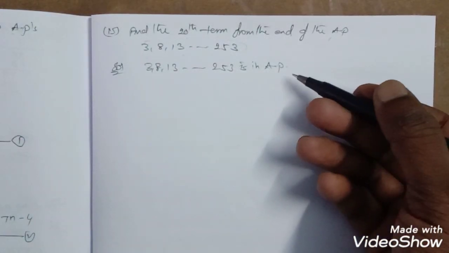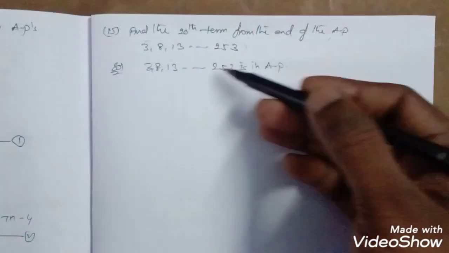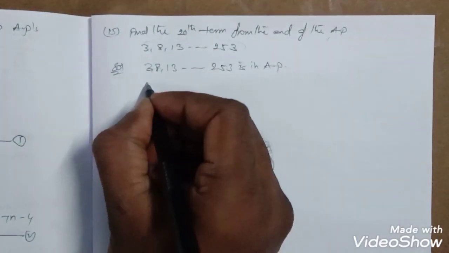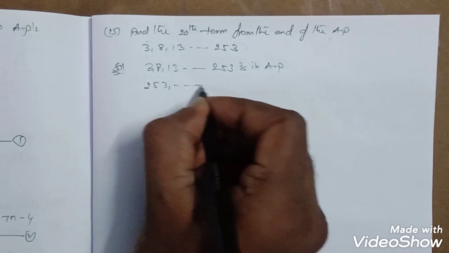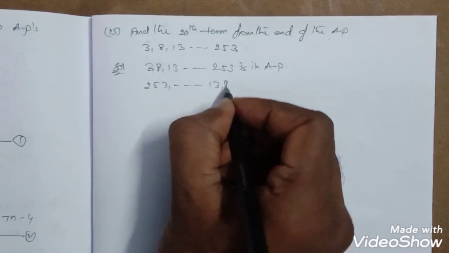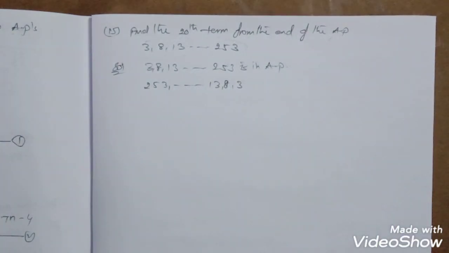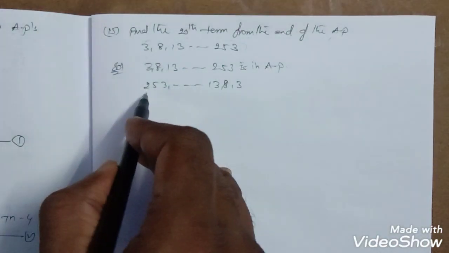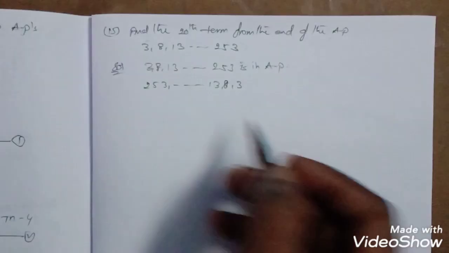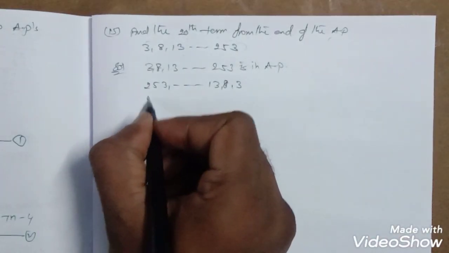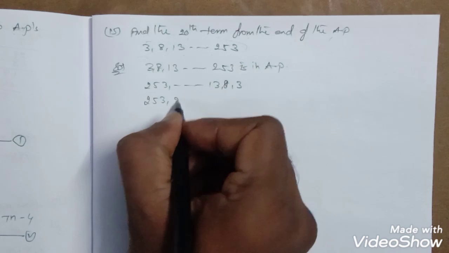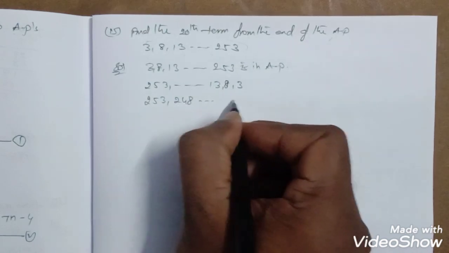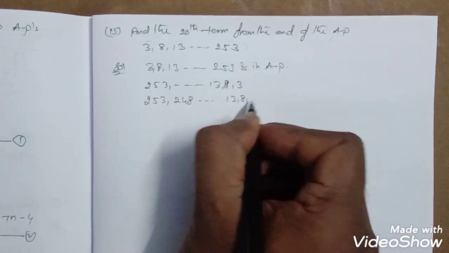So what we are doing is reversing this series from 253 up to 13, 8 and 3, right? Now since they asked from the last, we will count from the first onwards. So I can write the series as 253, next 248 and so on till 13, 8 and 3.